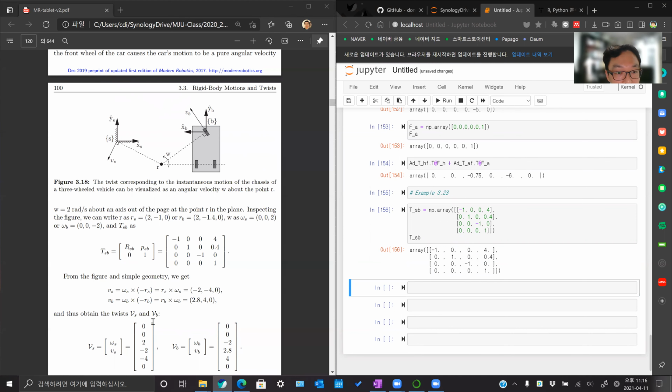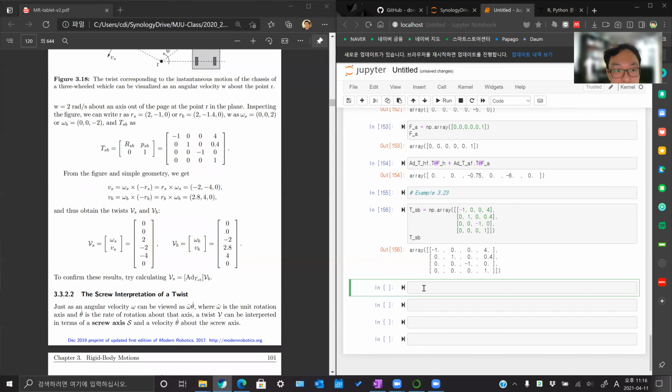Okay, then if we have twist V_B equal to 0, 0, -2, 2.8, 4, 0.